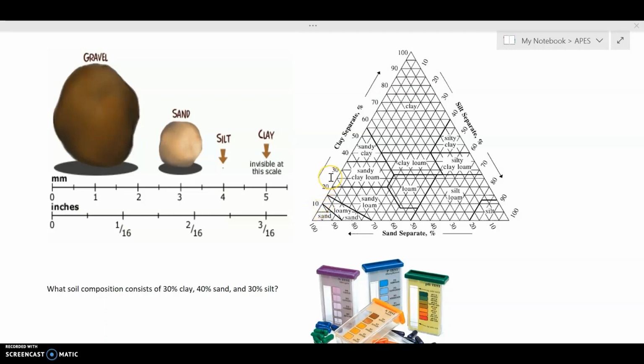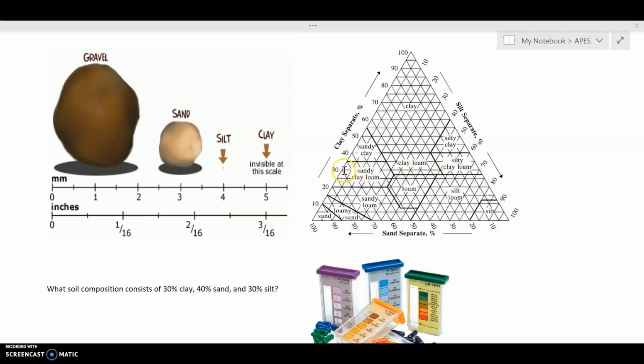So let's start off with 30% clay. So here's 30% clay. We always go on the horizontal diagonal, I guess you would say, on this side. So 30% clay means we're on this line. Right after that, we have 40% sand.